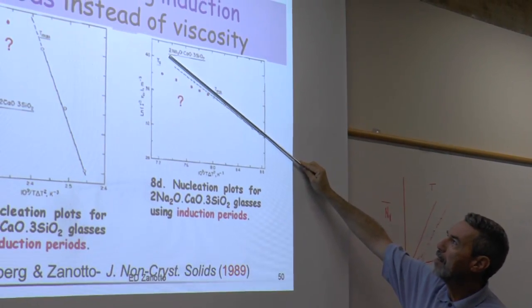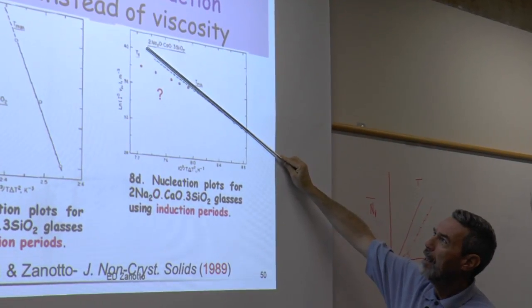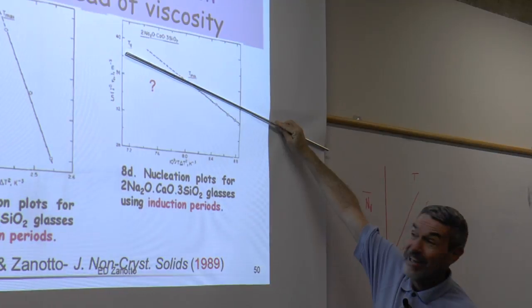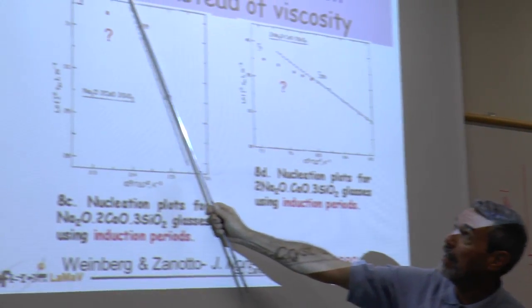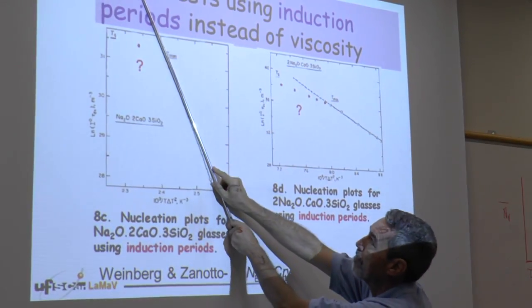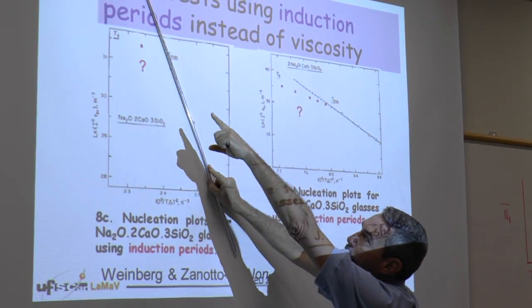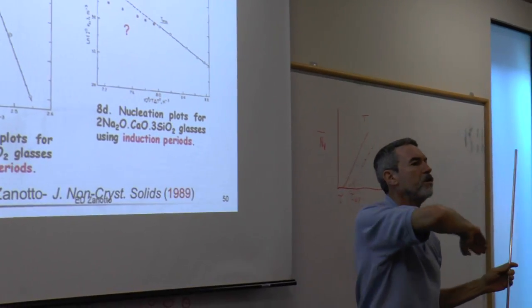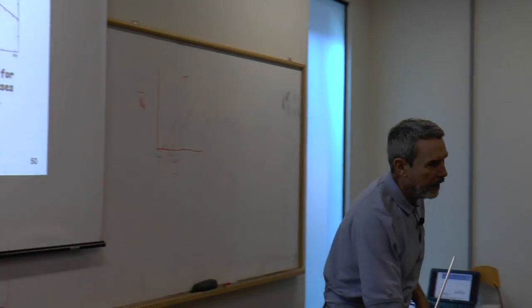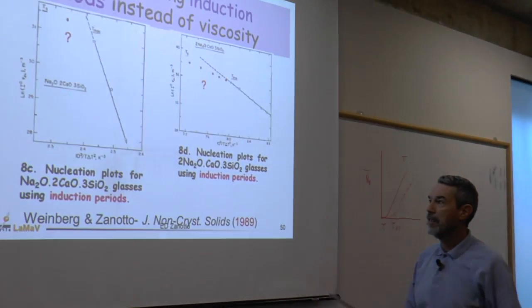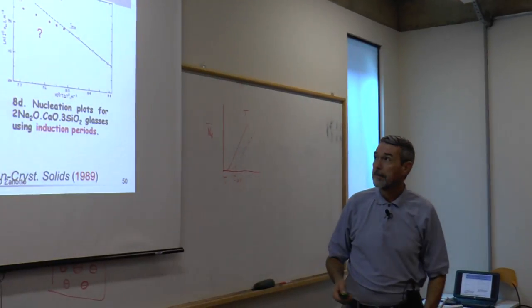You always get some straight line and then a departure from a straight line at some stage. You see, you have a straight line here, but this data point is obviously well below the straight line. For all systems, you have this huge break when using tau instead of viscosity.